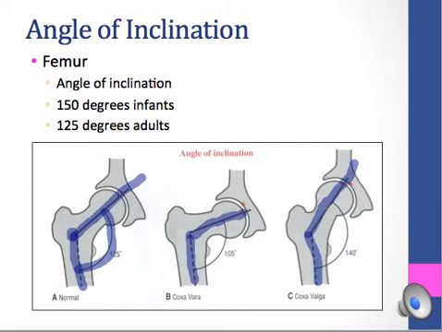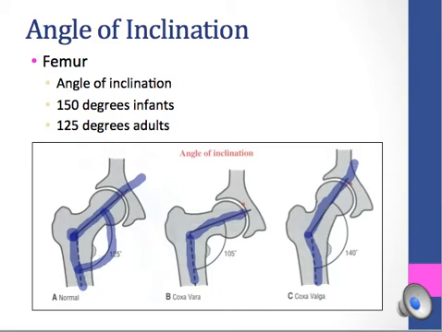In infants, our angle of inclination is about 150 degrees, but as we go through adulthood, where we're getting increased weight bearing and increased stability through our musculature, we're going to gain a lesser angle, closer to that 125.